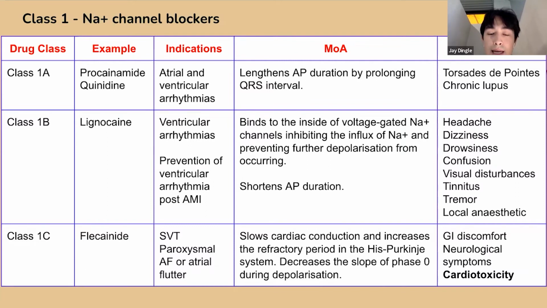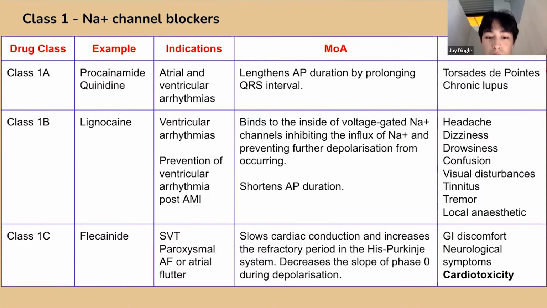With 1A, they lengthen the action potential duration by prolonging the QRS interval. For 1B, we have a shortened action potential duration as the drug binds to the inside of voltage-gated sodium channels, inhibiting the influx of sodium, therefore preventing further depolarization.